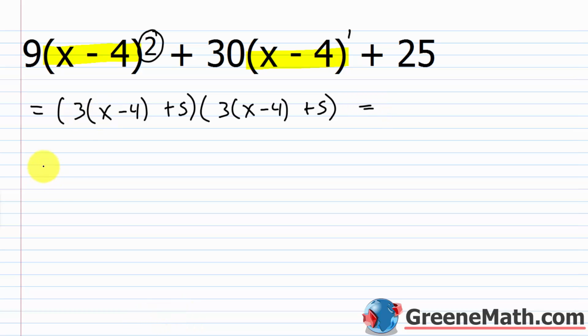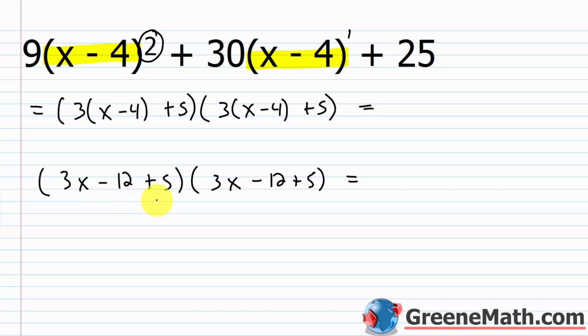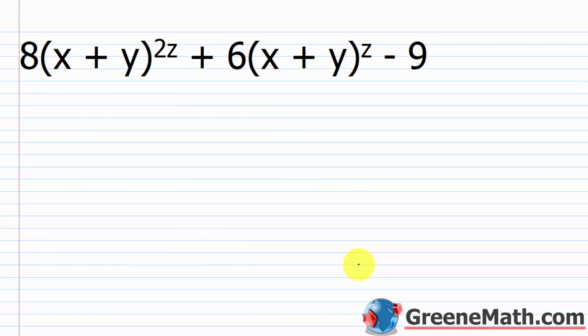So 3 times x is 3x. 3 times negative 4 would be negative 12, and then you have plus 5. Over here, it's the same thing, right? So I just put 3x minus 12 plus 5. And of course, negative 12 plus 5 is negative 7. So this ends up being 3x minus 7, this quantity times 3x minus 7. Or you could say the quantity 3x minus 7 squared, right? Either way.